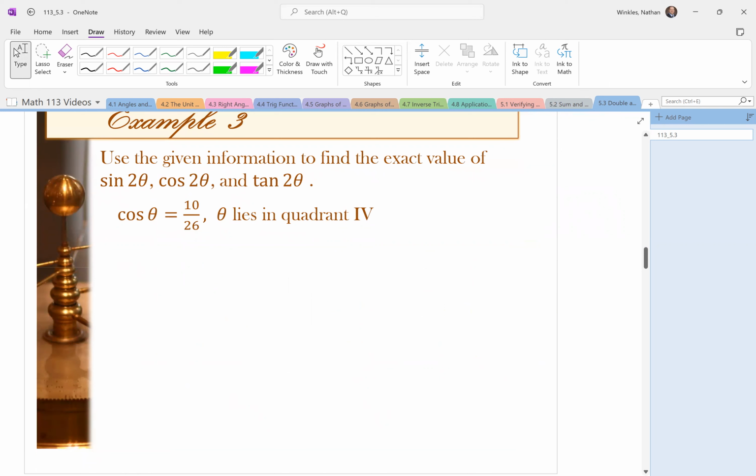So for this next case, we're given cosine of theta is 10 over 26. Theta lies in quadrant number 4. So if we draw this out, cosine of theta is going to be 10 over 26. We need to solve for that last side.